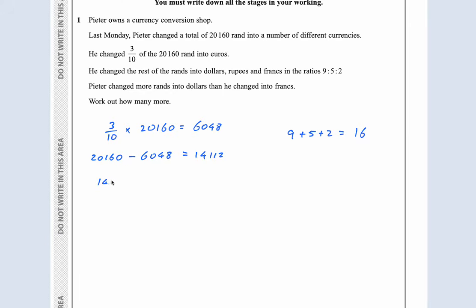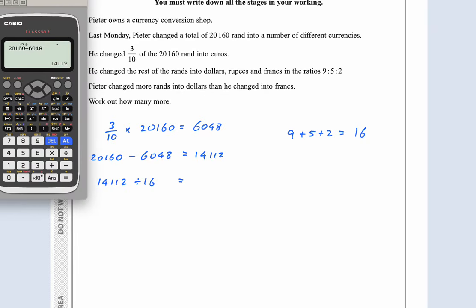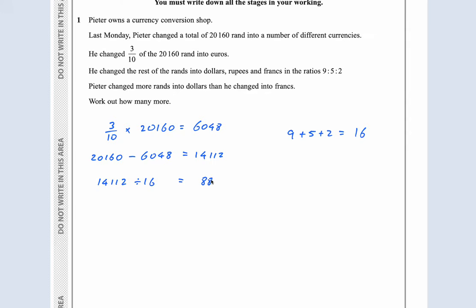So I'm going to do 14112 divided by 16 to see what one part is. Divided by 16, 882. So it's in the ratio 9 to 5 to 2, dollars to rupees to francs.